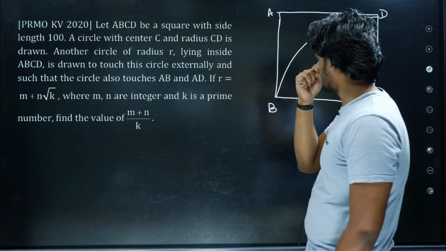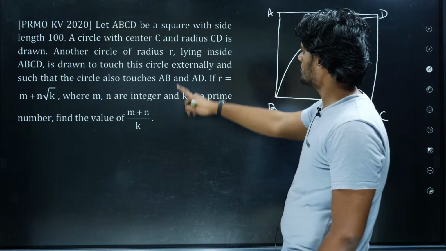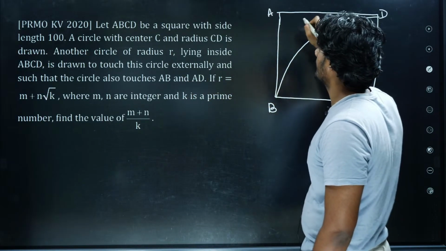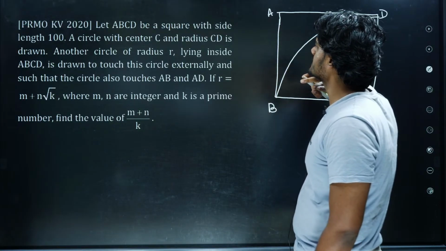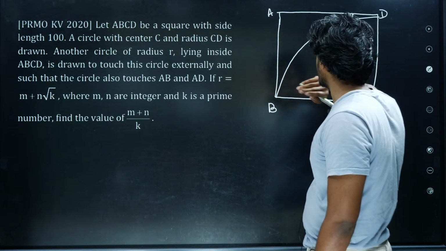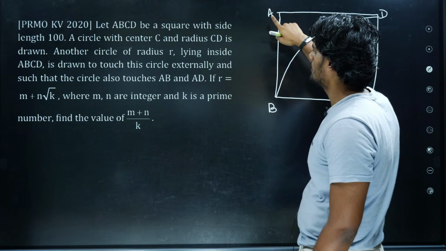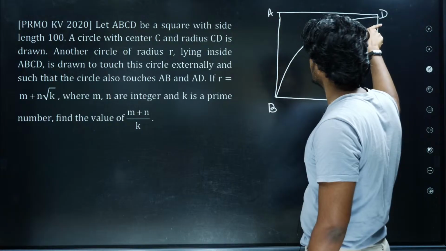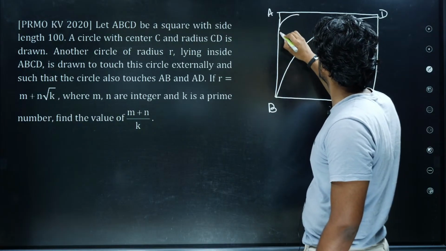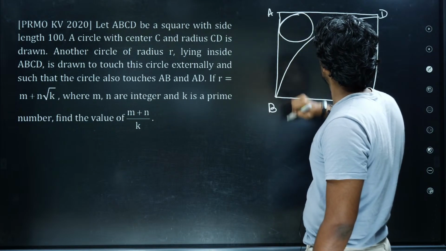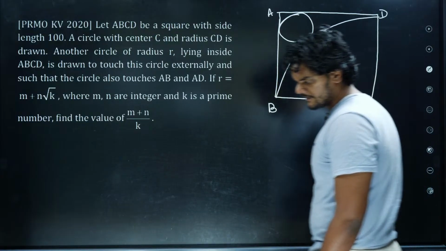Another circle of radius R lying inside ABCD is drawn to touch the circle externally and such that the circle also touches AB and AD. Okay, so it is touching AB and AD and it is touching this circle externally. Okay, so this is inside here, a little ball over there, right? So is that diagram clear?